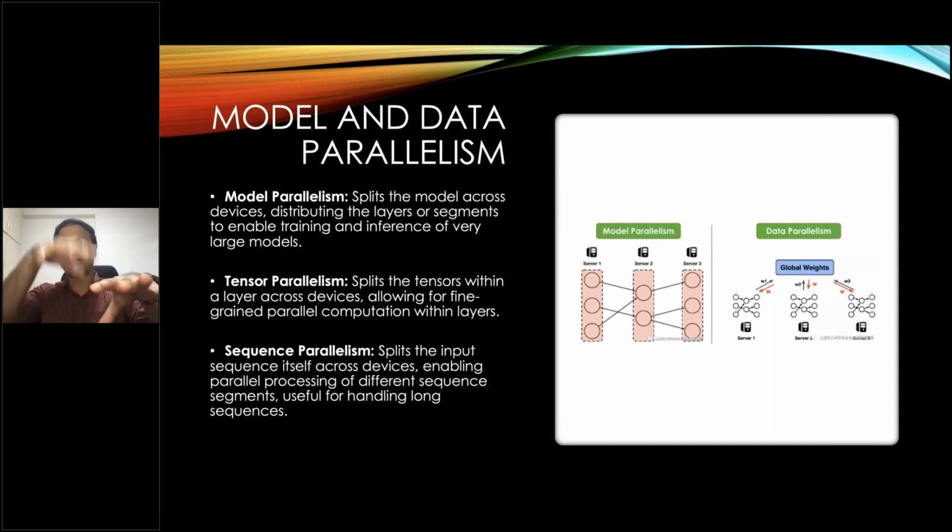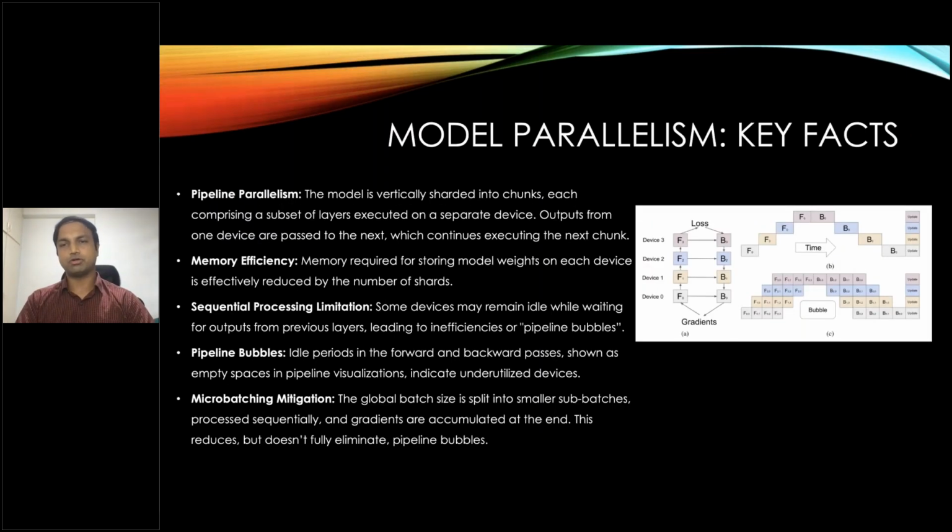And then the sequence: we have a lot of sequences that go in. You have the token coming in, the KV cache getting computed, and obviously the final decoding. If you split the input sequence and put it across multiple devices, it's called sequence parallelism. Model parallelism is much more straightforward, as you see in the images.